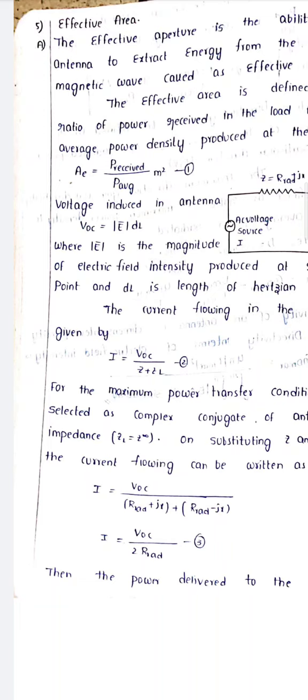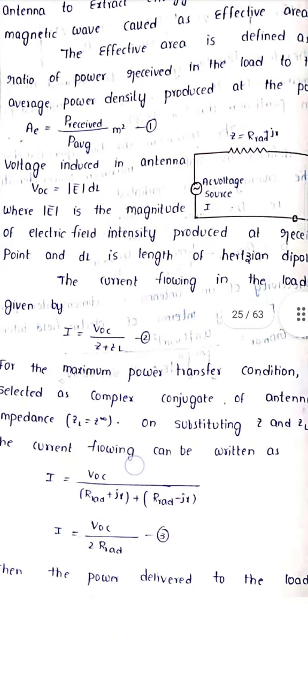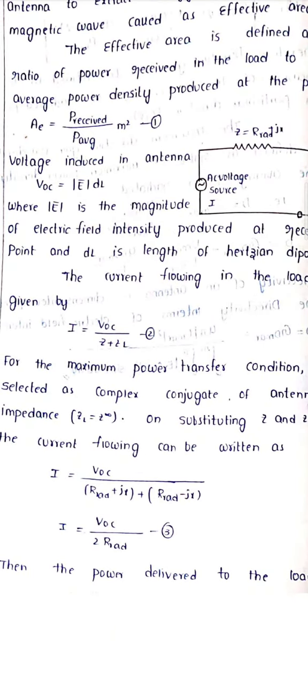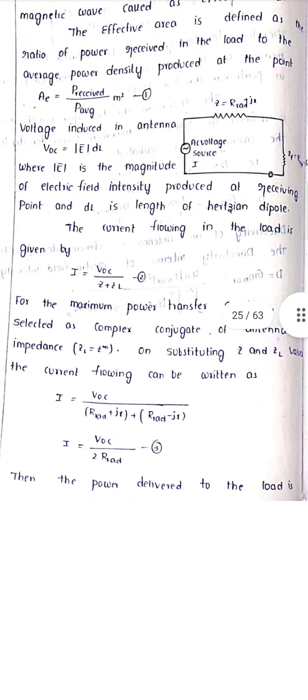The voltage induced in the antenna is the electric field times dl, where the modulus of E is the magnitude of the electric field intensity produced at the receiving point, and dl is the length of the Hertzian dipole.